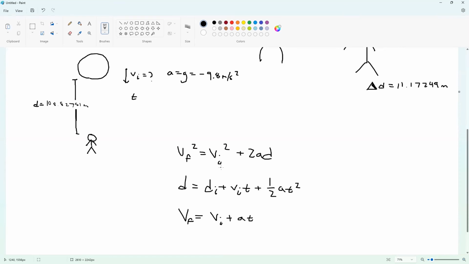We don't know the initial velocity. We know the acceleration. We know the distance it'll cover before this final velocity is hit, but we don't know the final velocity.